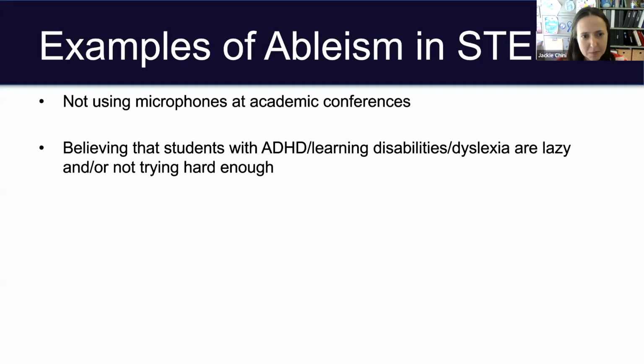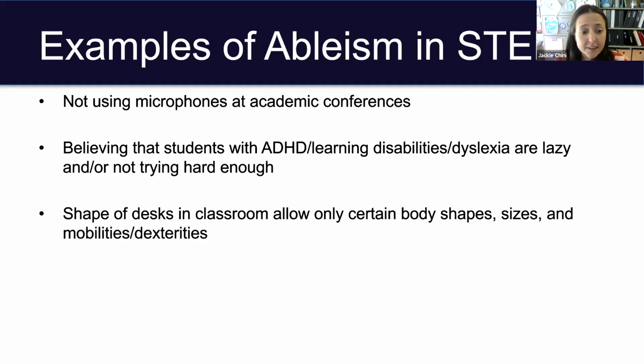Another example is believing that students who have ADHD, learning disabilities, dyslexia, or any other related impairment are lazy or not trying hard enough. And another example can be the shapes of desks in classrooms that only allow certain body shapes, sizes, mobilities, and dexterities to access them.